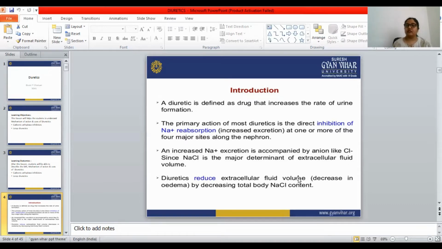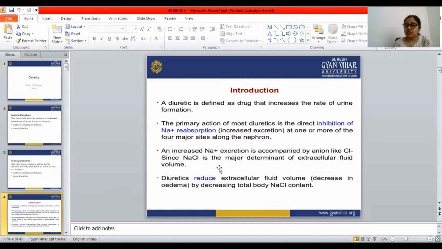Diuretics inhibit sodium reabsorption by increasing the excretion of sodium, and this sodium excretion is accompanied by Cl. NaCl is the major determinant of the extracellular fluid volume, so diuretics reduce the extracellular fluid volume by decreasing the sodium chloride content.